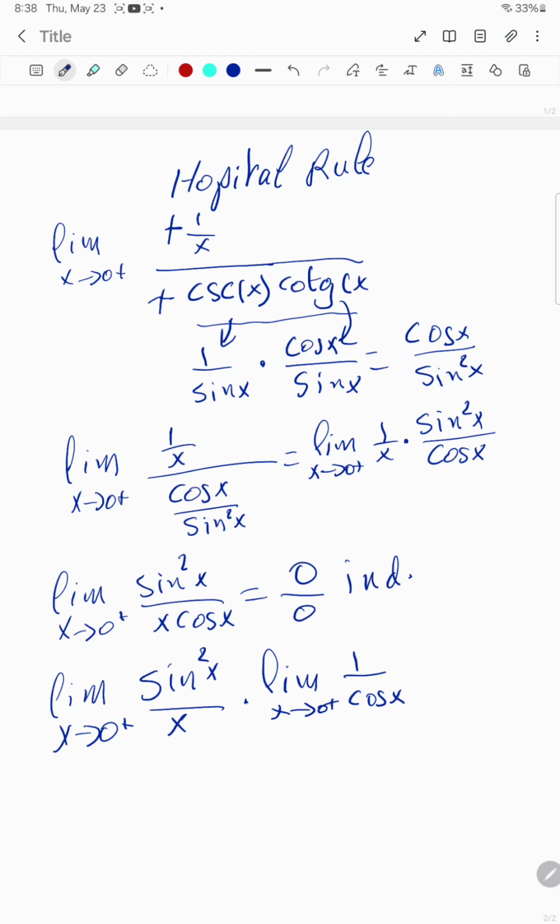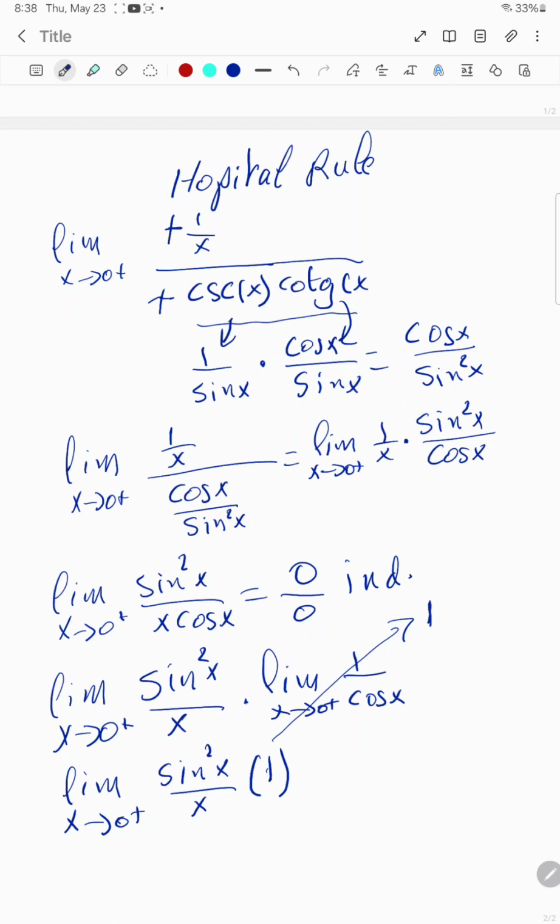That will facilitate my life because I know cosine of 0 is equal to 1, and 1 divided by 1 is 1. So all that would go to 1, and 1 times anything is anything because 1 is the neutral number of multiplication. So now I can concentrate here because this will become the limit when x goes to 0 plus of sine square of x divided by x multiplied by 1. Multiplied by 1 does not change anything.